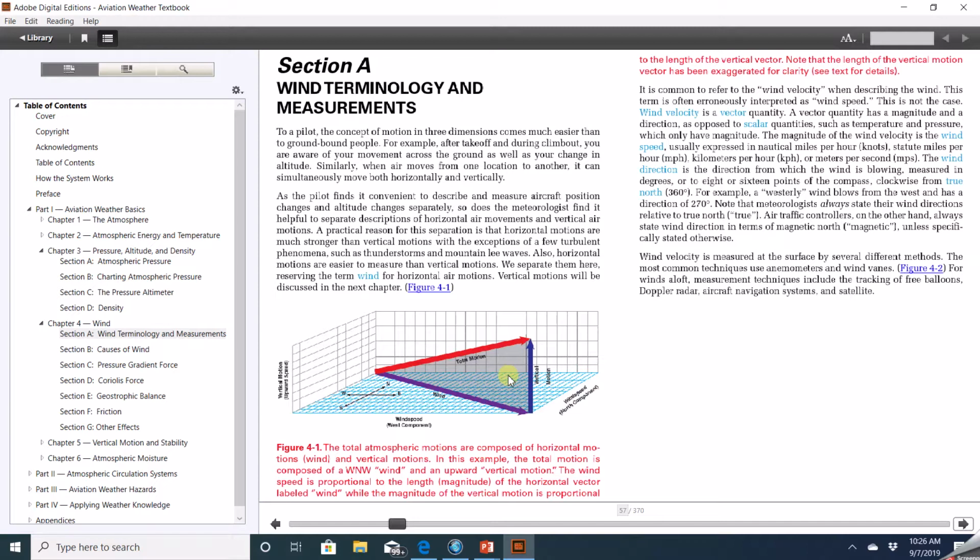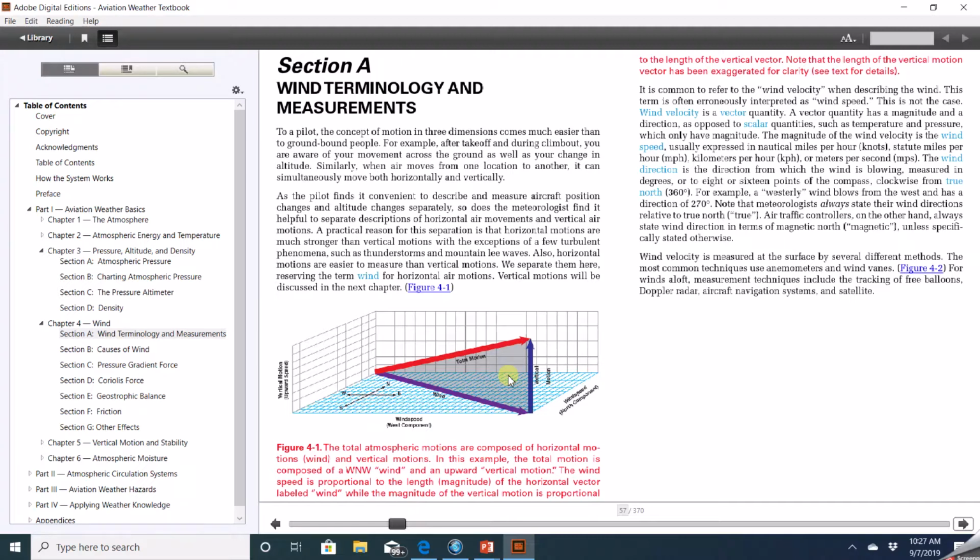So that makes your motion a vector. Now, if you go with winds, that's a vector. That's a particle's motion. So when you're talking about wind, in meteorology, we actually think of it in 3 dimensions. There's a part of the wind that's actually taking that parcel upwards. There's a part of the wind that's taking it to the north, and there's a part that's taking it to the south.